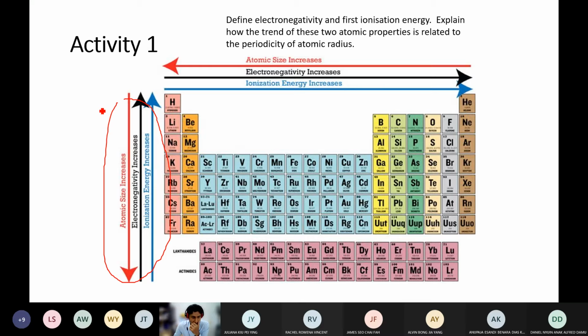The similar trend goes the other way from top to bottom or bottom to top.